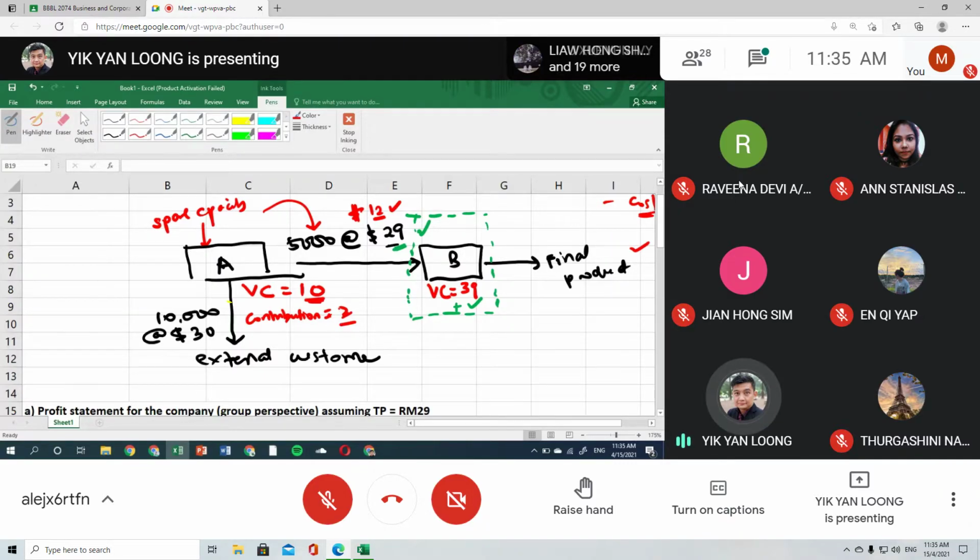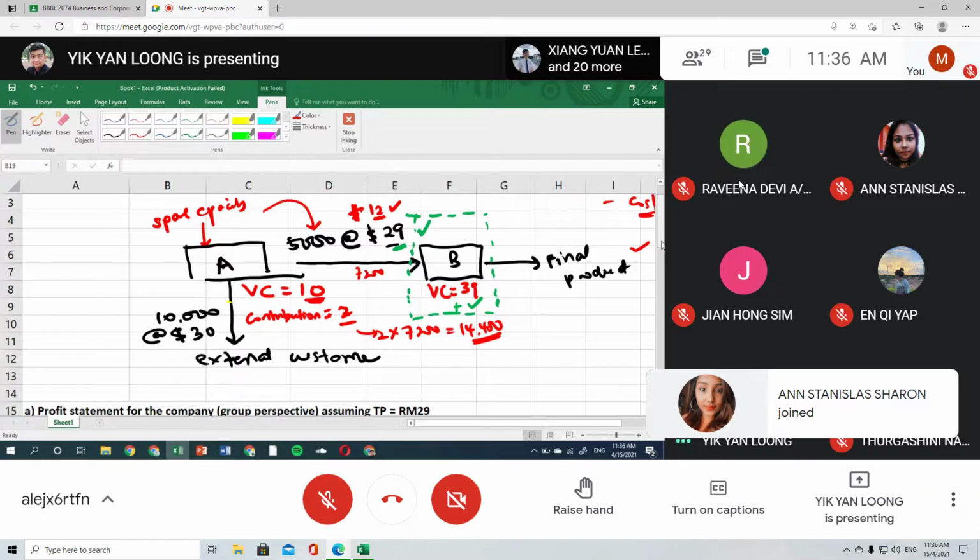And if B is motivated to produce 7,200 units, the total contribution will be 14,400. So A will earn an extra 14,400 contribution when the transfer price is 12 ringgit. So A will also accept the transfer price at 12.